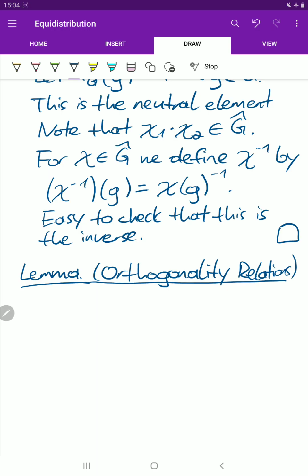And so again, G is a finite group, K a field.